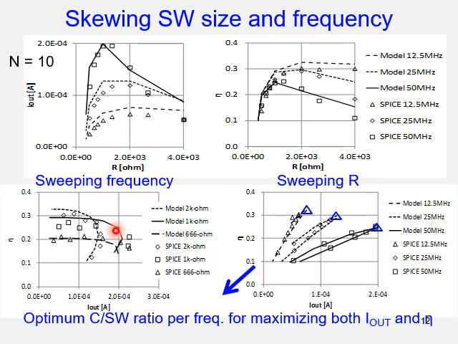So another method is where the parameter that varies is the resistance rather than clock frequency.